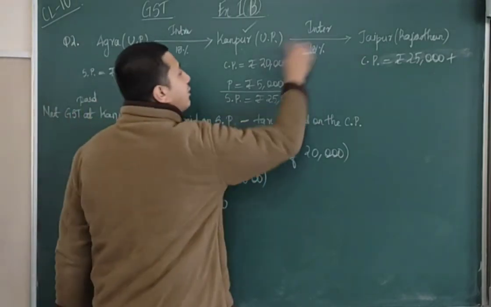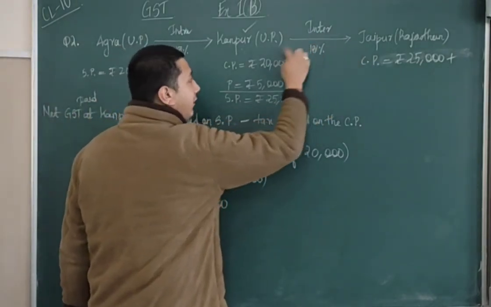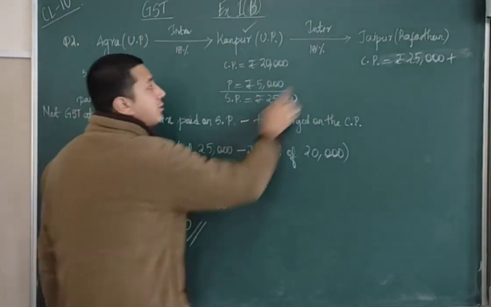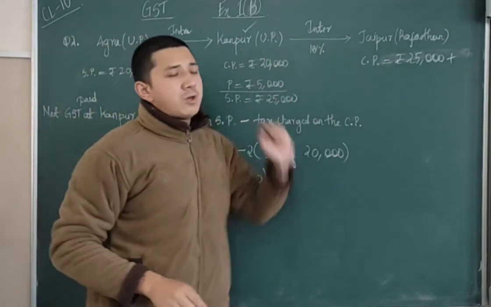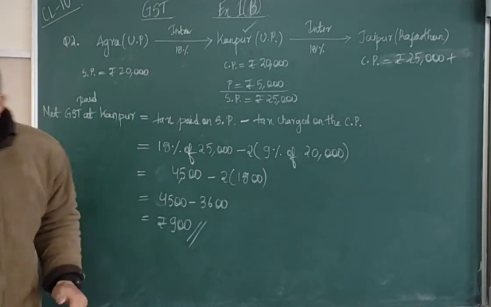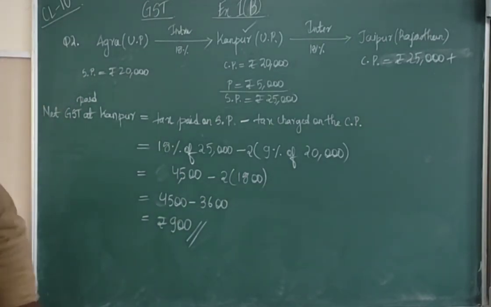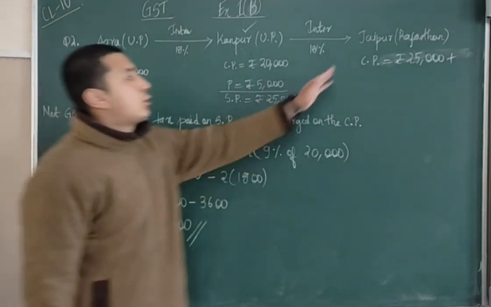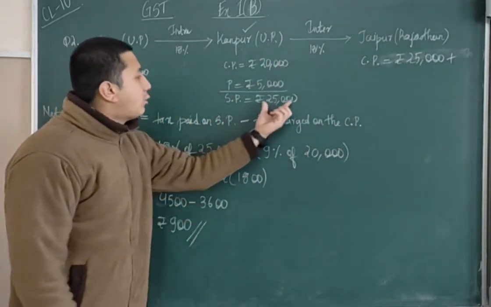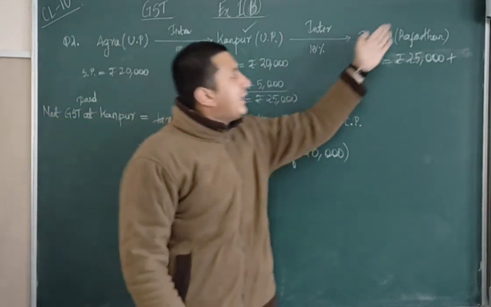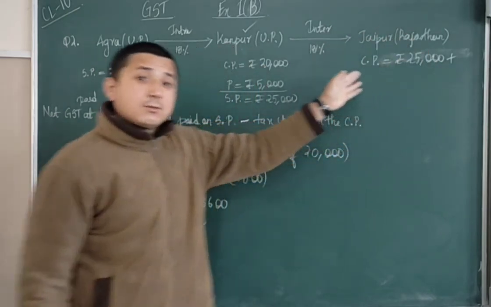Now, how much is he receiving? 4,500. So the fellow in Jaipur, what will be his cost price? Because that's the second question: find the cost of goods at Jaipur. So the cost of the goods at Jaipur will be 25,000, so he has to pay 25,000 plus what?